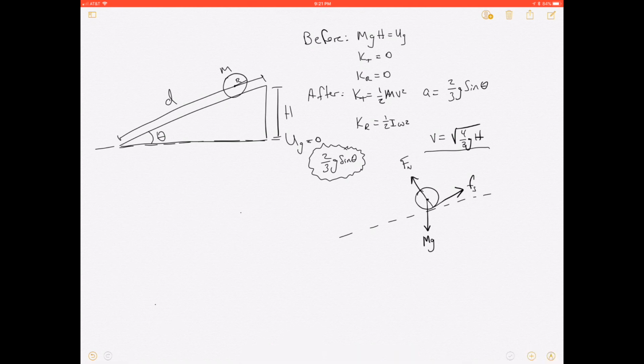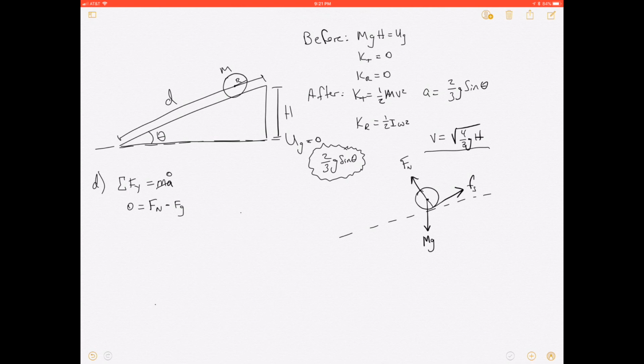So we're going to start with sigma f in the y direction. We know that it's not going up or down, so acceleration is 0. So then we're left with Fn minus Fg.